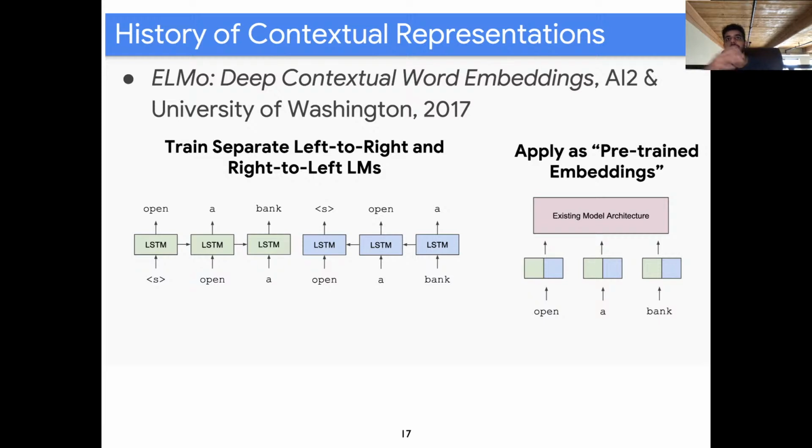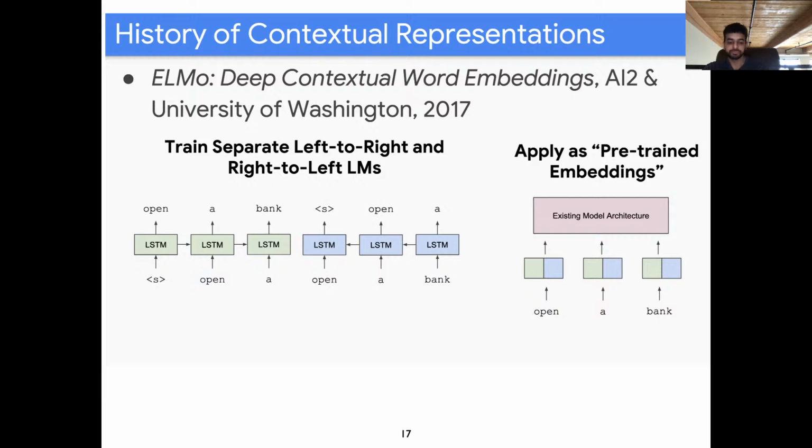But in general, when I concatenate the hidden states of both of these left-to-right and right-to-left language models together, now the hidden state at every time step has some information about all of the other words in the sequence. When we move to BERT, we'll see how we can get away without using recurrent models by changing the language modeling objective so that we don't have to do these two separate language models.